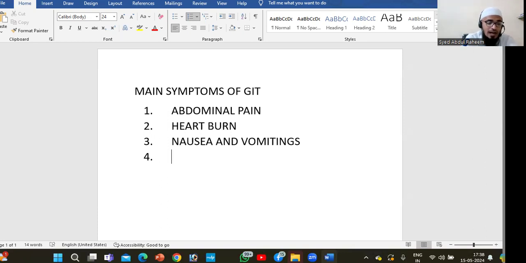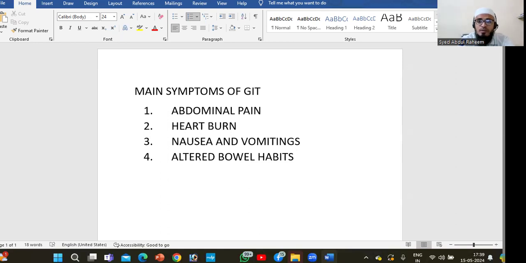Next is altered bowel habits, meaning mostly constipation. In GI tract problems, we mostly have the large intestine and small intestine involved.